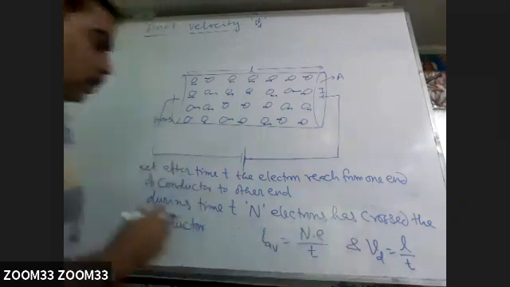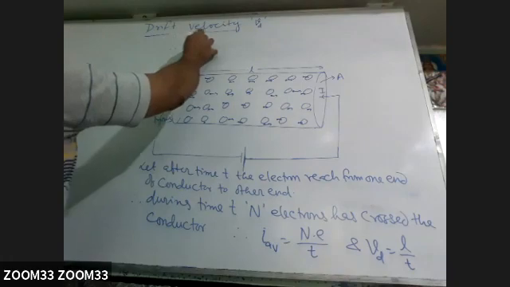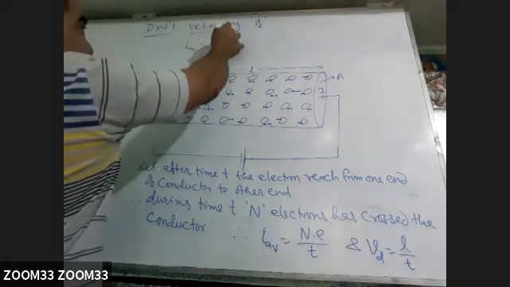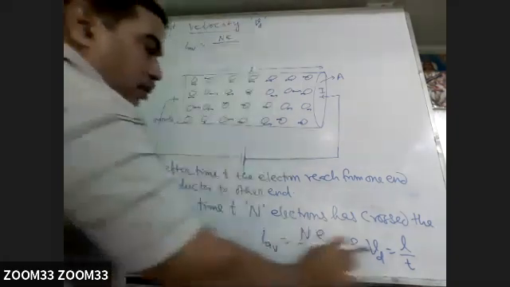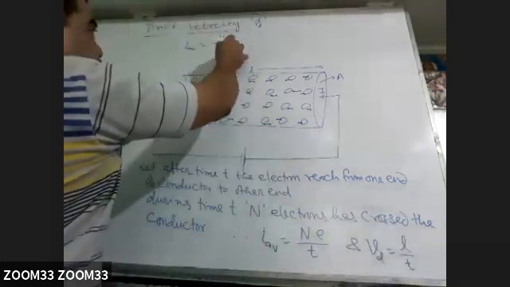So from these two relations, what are we getting? This I average will become N e, and in place of T we will write L by v_d.